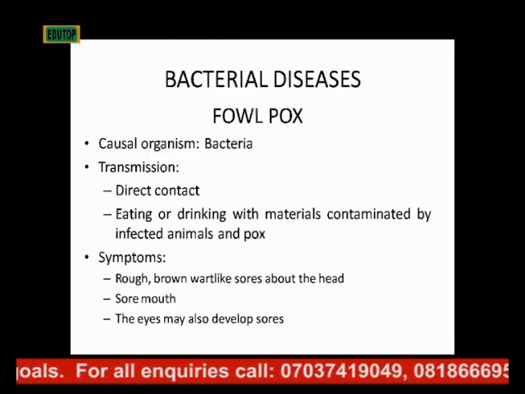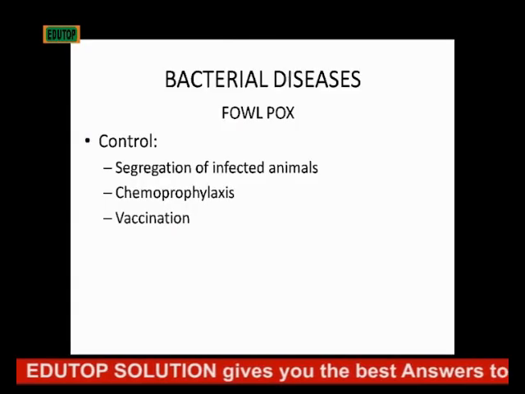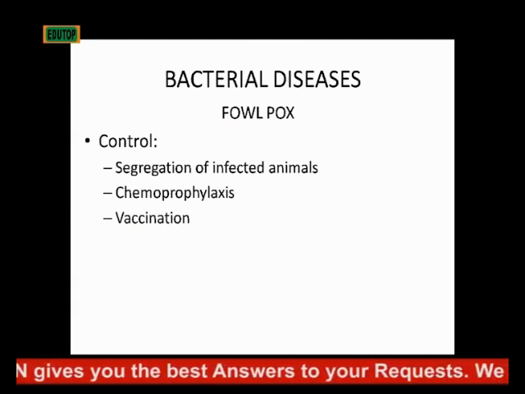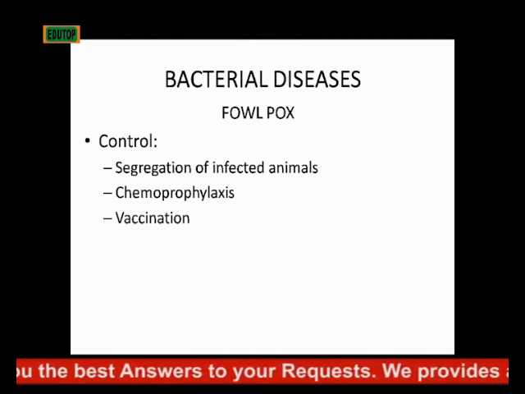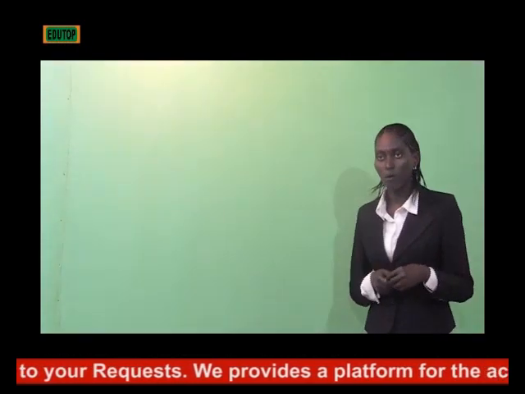The first is rough brown wart-like sores on the head of the animal. Then the mouth is sore. Then the eyes also may develop sores. So those are symptoms. A way to control it is to segregate infected animals. Then vaccination. Chemoprophylaxis is also essential to control fowlpox.